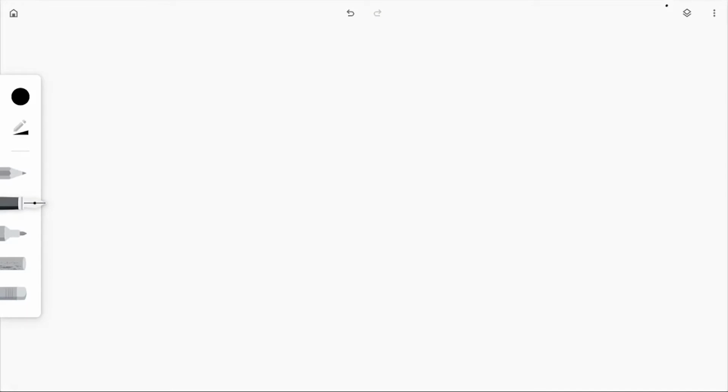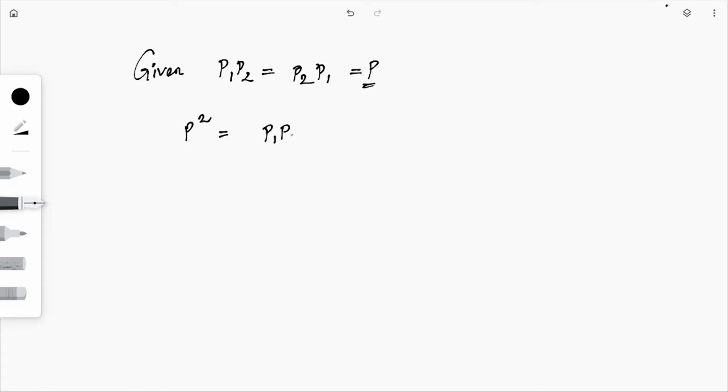We are given that P1 and P2 commute, that is P1 P2 equal to P2 P1, and suppose it is equal to P. We need to show that this P is an ortho projection. So first let us consider P square, that is nothing but (P1 P2) square.